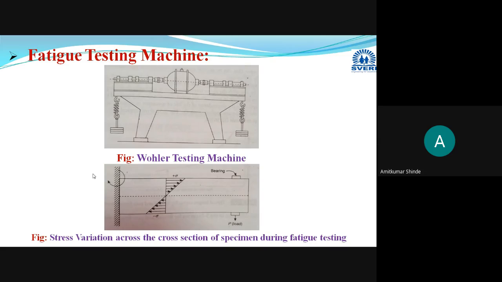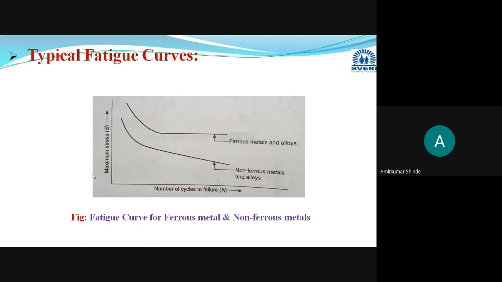You have to plot the stress against the number of cyclic fluctuations. Number of cyclic fluctuations and stress are plotted, and you will end up with a curve. This type of curve you will get. That curve will be termed as the fatigue curve, or in some books it is also mentioned as the SN curve.